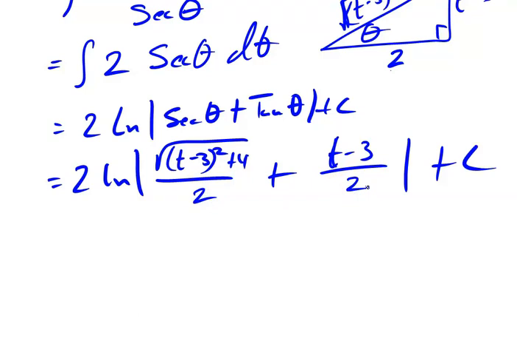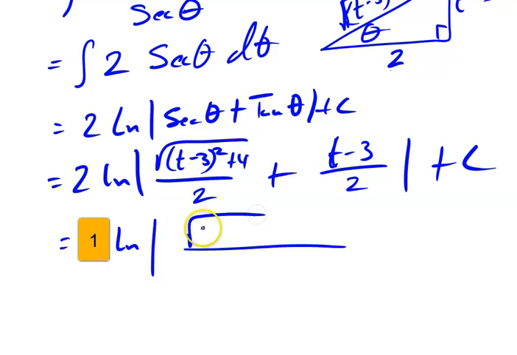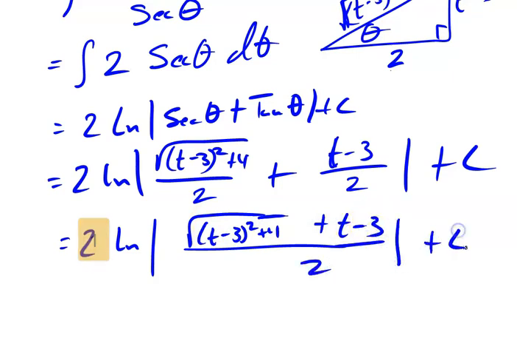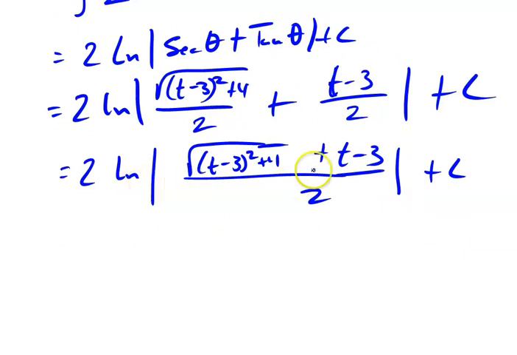And notice what happens here is inside here, there's a sum of two fractions. They have a common denominator. So this is 2 times the natural log of the absolute value of just one fraction here, which would be the square root of t minus 3 squared plus 4 plus t minus 3 all over 2. And then they notice that, oh, this is the log of a quotient.